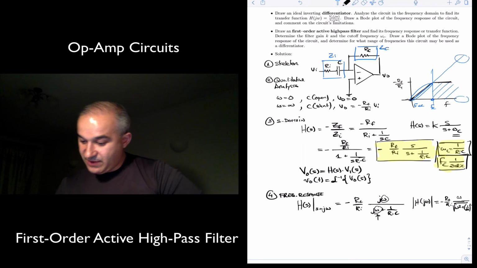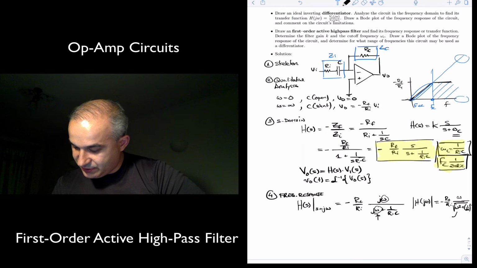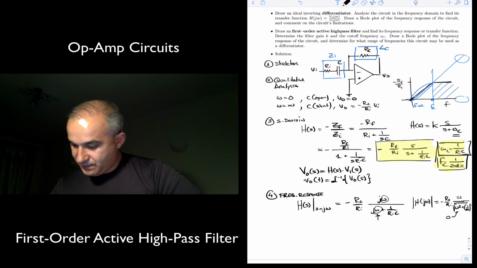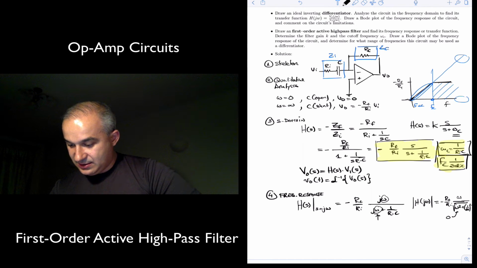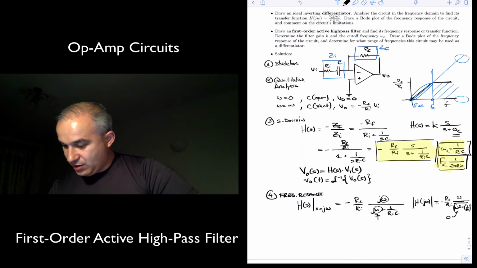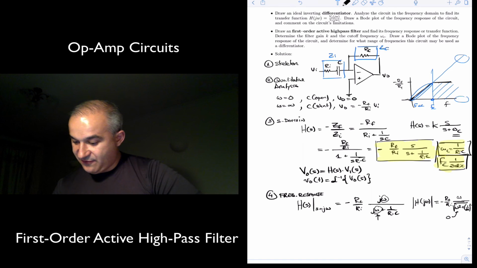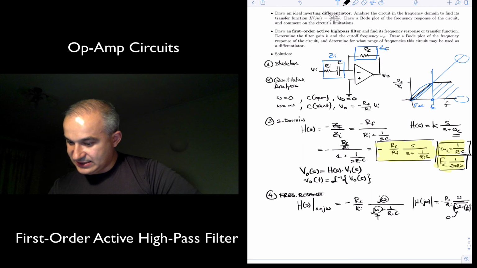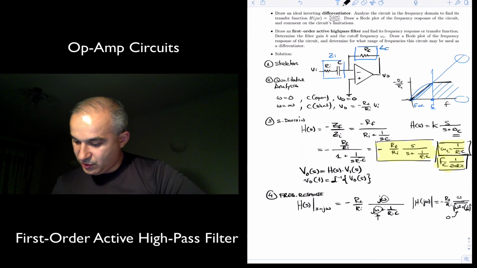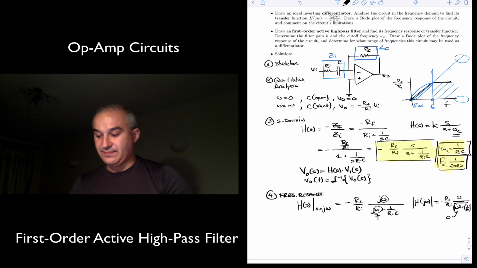Now notice that for omega equals 0, if we plug in a 0 here, the numerator will be 0, and we will get 0. And for high omegas, this is going to just go to minus Rf over Ri, right?